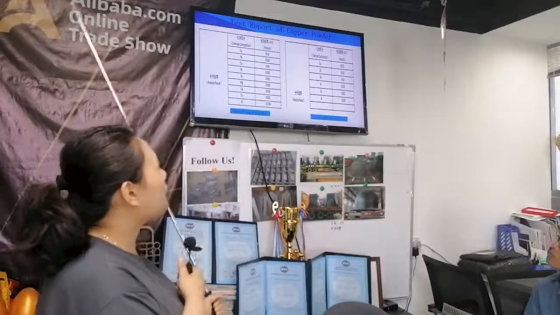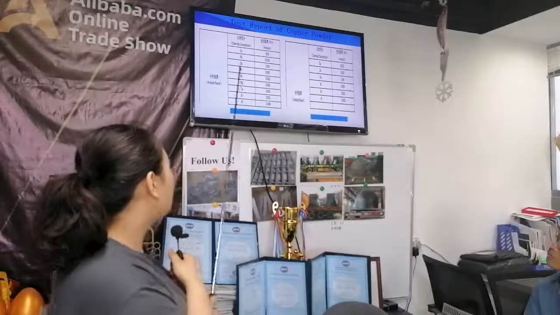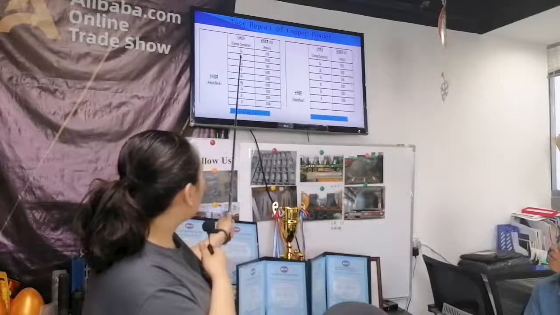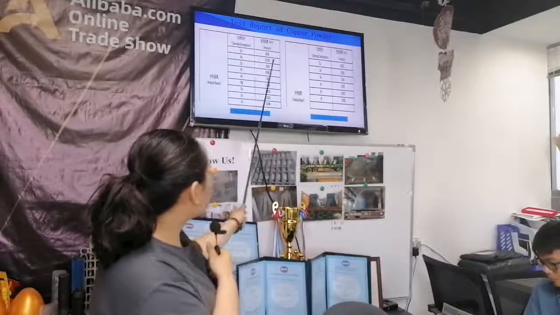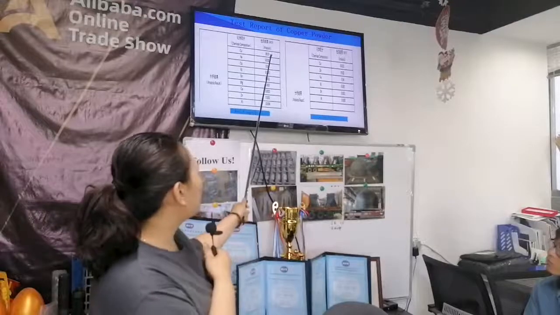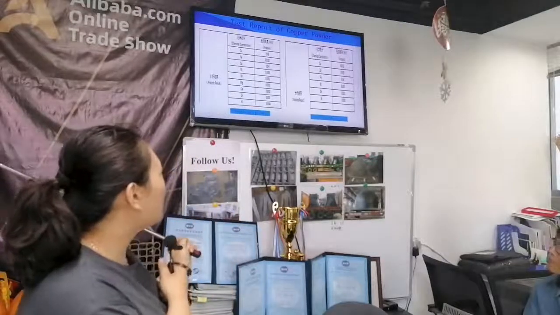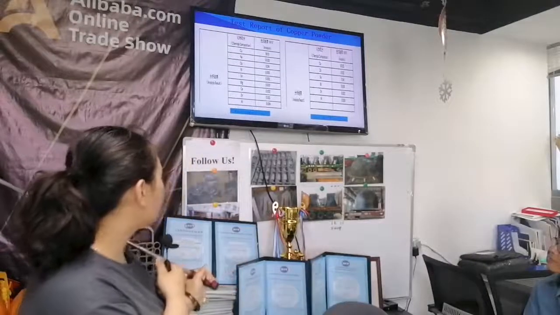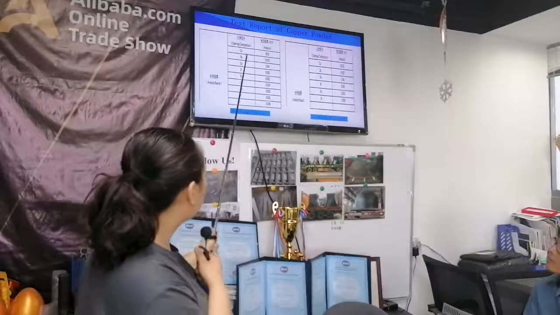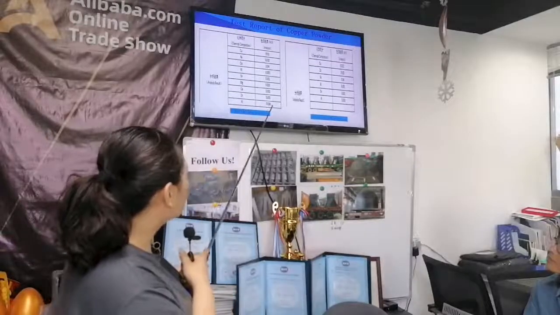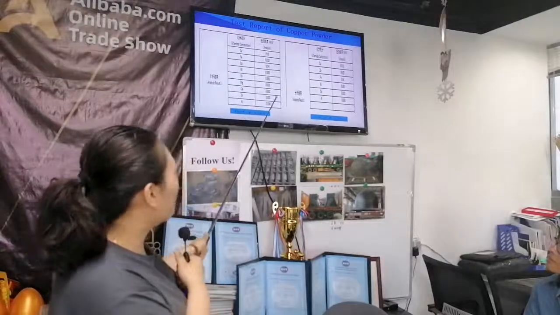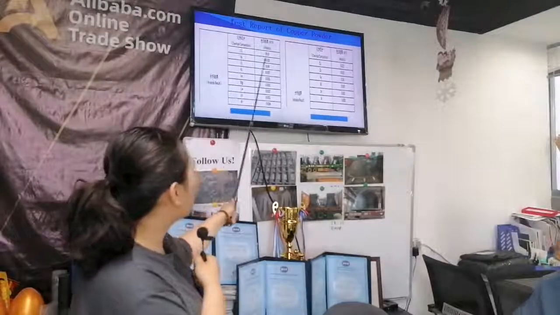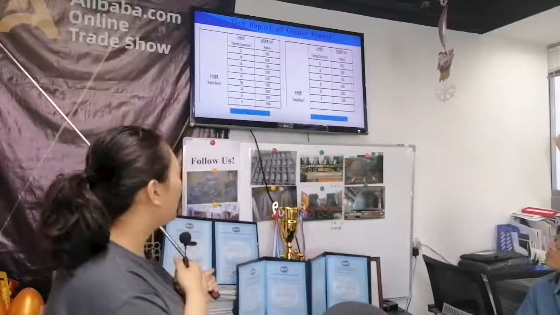This is a report of the copper powder. Copper powder has 99.9 purity, and the others have smaller. The copper powder has very high purity.